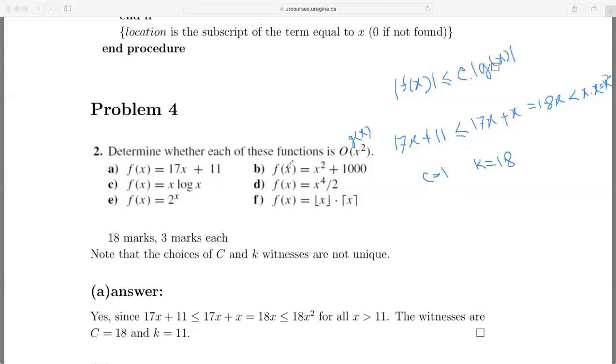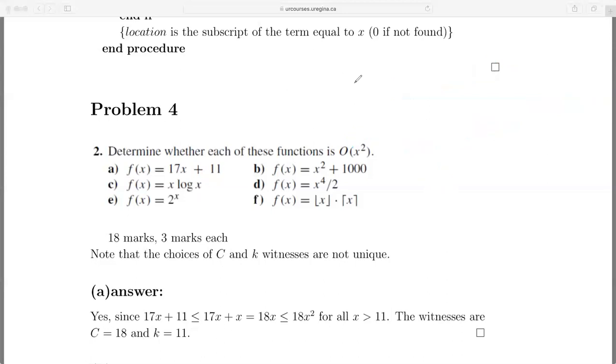Let's move to the next one: x squared plus 1000. Your f of x is x squared plus 1000. Again, you can bump this up to the highest term, which is x squared.